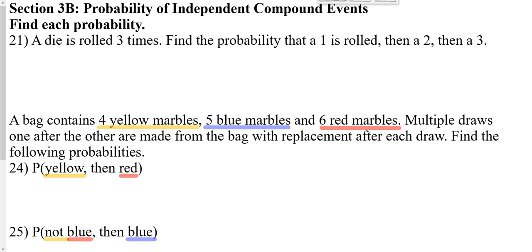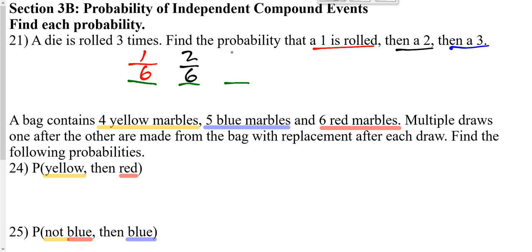But let's go ahead and take a look at rolling a dice here. We are rolling a dice 3 times. Now, we need to be able to roll a 1. Well, there's only one 1 on a dice out of 6 options. Then we need to roll a 2. Well, there's only one 2 out of 6 options. And then we need to roll a 3.